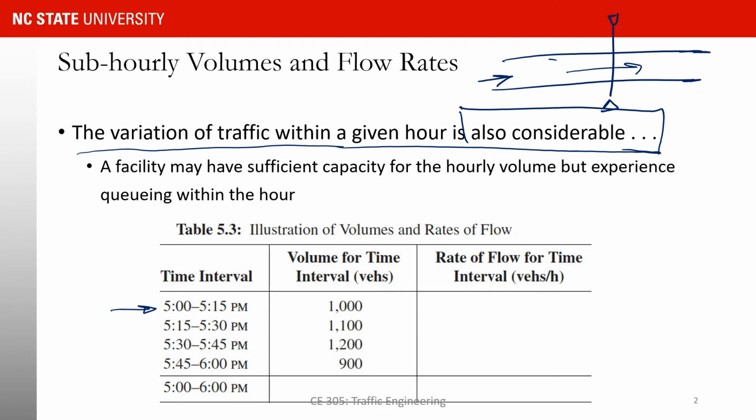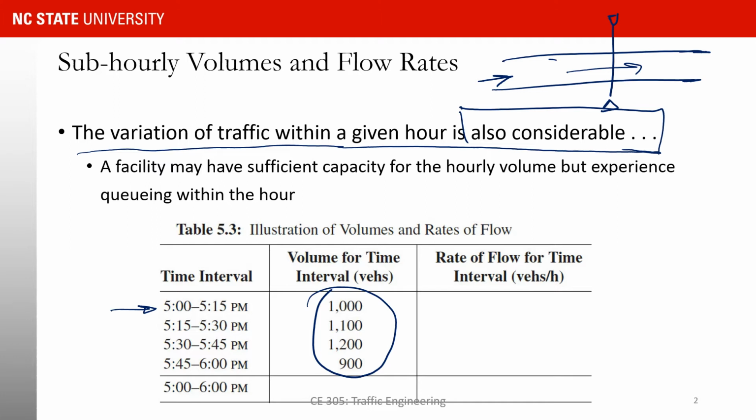And between 5:15 to 5:30, 1,100, 5:30 to 5:45, 1,200, and that goes down to 900 vehicles. Okay, so that means that between 5 to 6 we are going to have the summation of all these numbers that are going to go through this part.